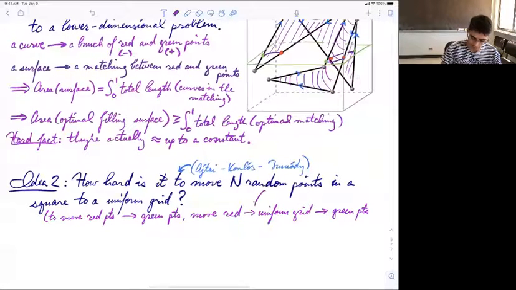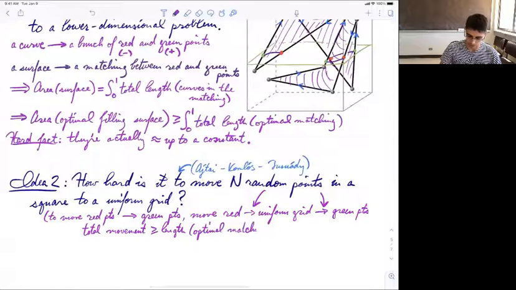Right, both of these steps are like this. So that means that the total movement that you do is going to be greater than or equal to the length of whatever the optimal matching is.